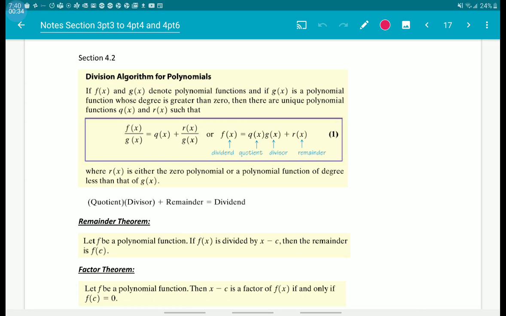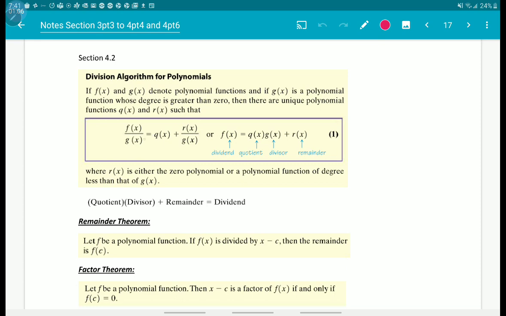So let's get started. We're going to start with just redefining the division algorithm and reminding ourselves what that is, because we're going to use some division to help us with these. So if f of x and g of x are polynomial functions and g of x is a function whose degree is greater than 0, then there are unique polynomial functions q of x and r of x, such that if we take f of x and we divide it by g of x, there's always going to be a quotient, and there could be a remainder.